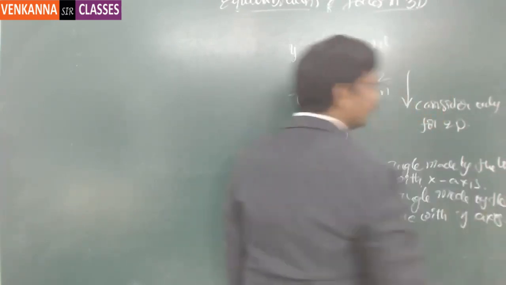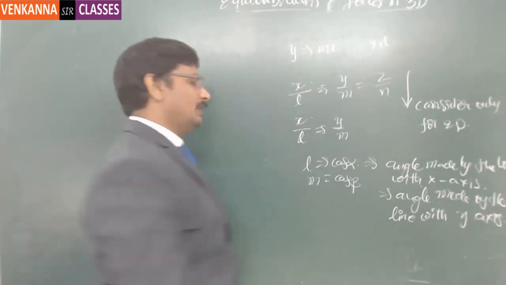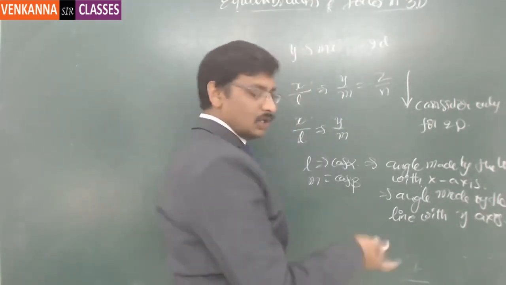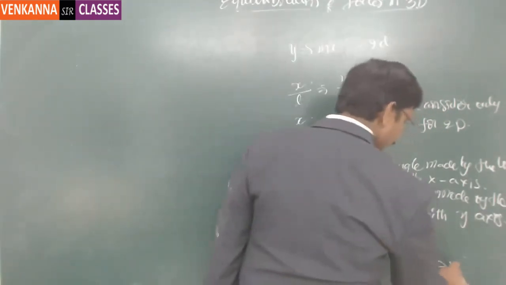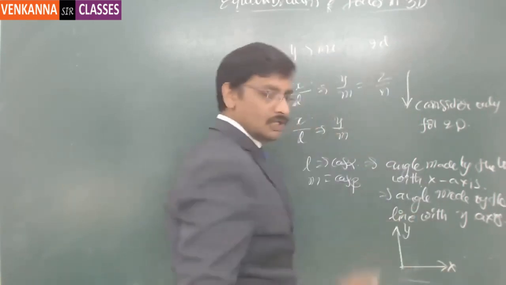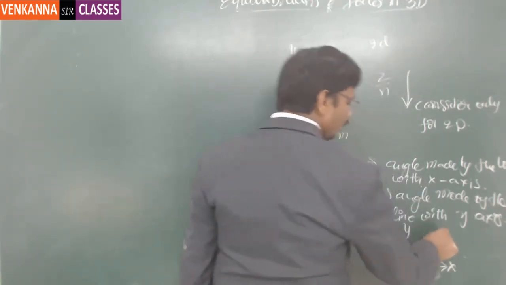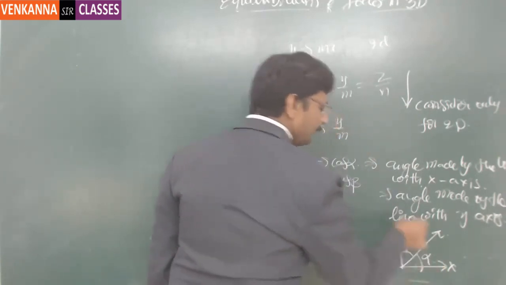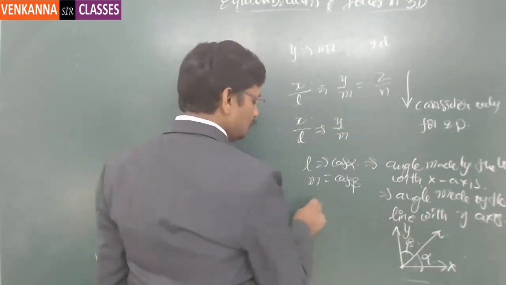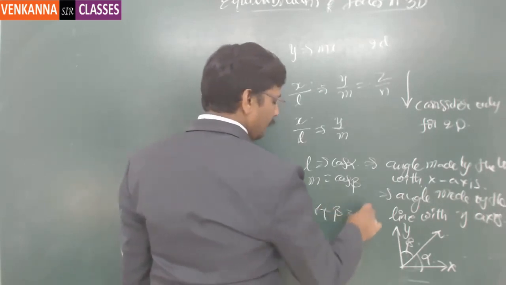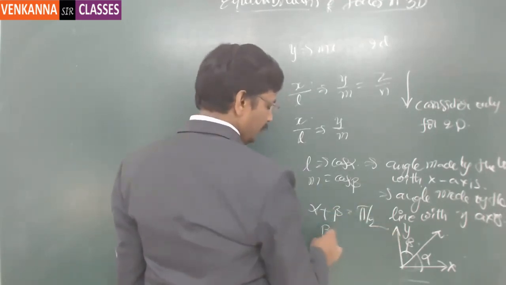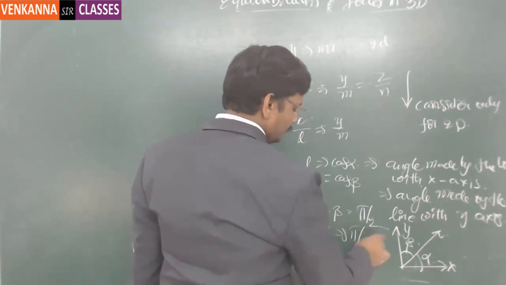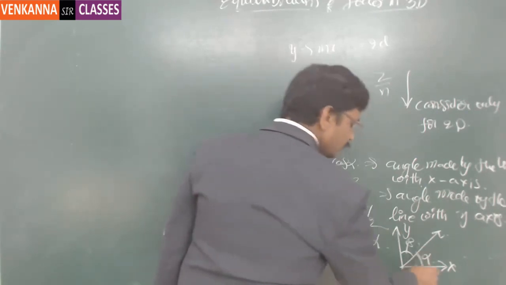Now if there is no z-axis, then obviously this alpha and beta are interrelated, because this is the x-axis and this is the y-axis. If there is no z-axis, then the only way of the line is this one. If this is alpha and this is beta, then alpha plus beta is equal to pi by 2, or beta is equal to pi by 2 minus alpha.